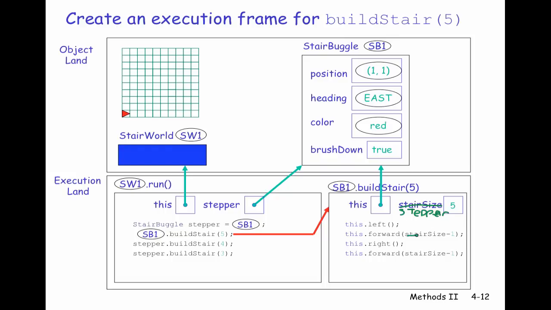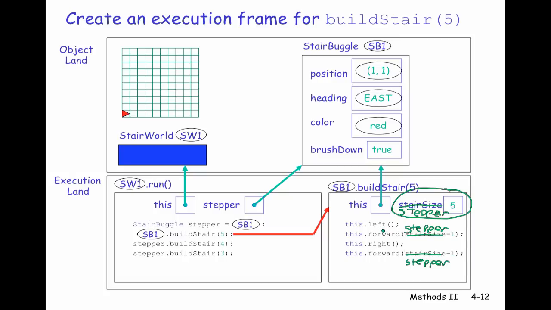And then the question is, if we use stepper here and stepper here, would that make any difference? Well, when we come to evaluate the variable stepper within this execution frame, we would end up looking it up here in the variable section, and we would find that its number is 5. And so stepper should work just as well as any other name.